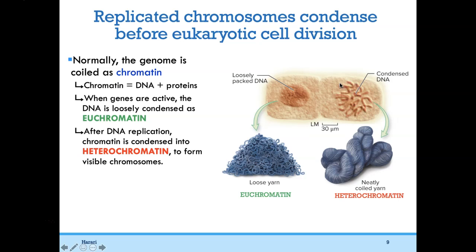What you notice in a picture as chromosomes is really very highly condensed DNA. Most of the time, your DNA looks like this. Only during or right before mitosis does the DNA condense and look like chromosomes like that. So euchromatin is loosely condensed. Heterochromatin is very tightly condensed.